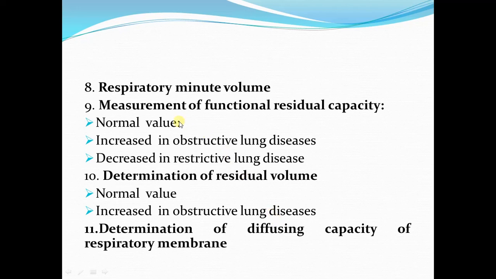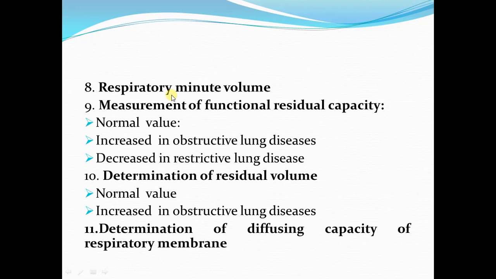We can also determine the respiratory minute volume. We have already studied it in the first chapter of respiration, that respiratory minute volume is the volume of air that moves into the respiratory passages in 1 minute.